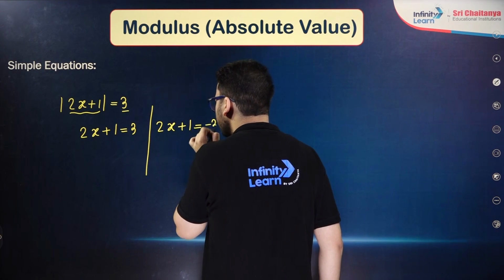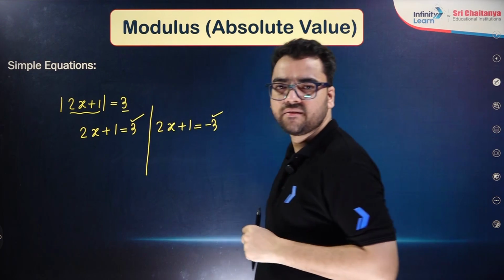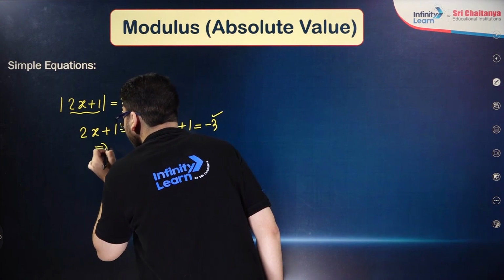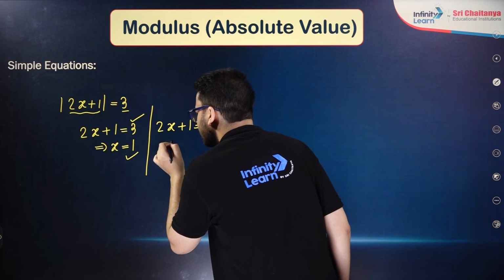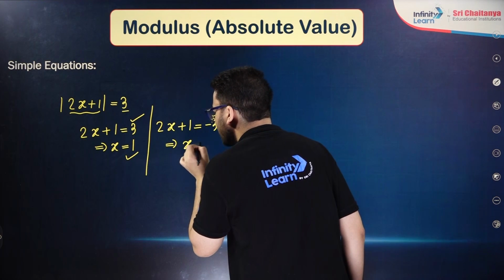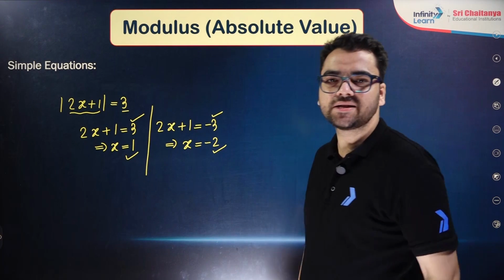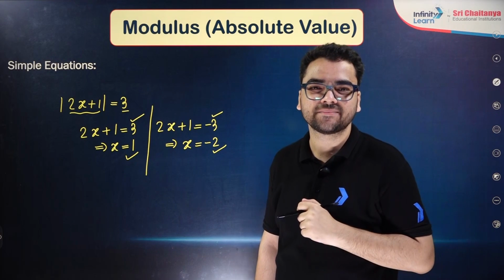Why? Because modulus of both 3 and minus 3 is equal to 3. We have studied today itself. So therefore from here you can say x is equal to 1. That is correct. And from here you can say x is equal to minus 2. So both the answers are correct over here. X is equal to 1 and x is equal to minus 2. I hope that is clear.